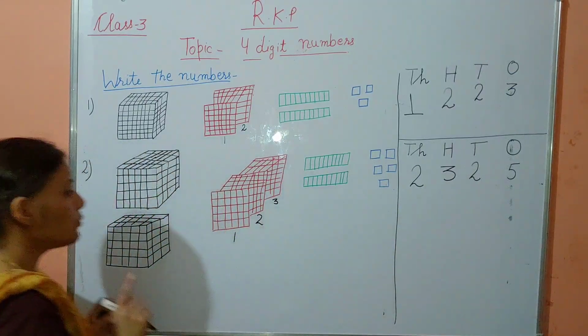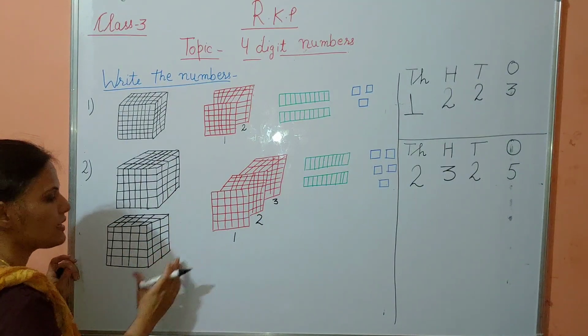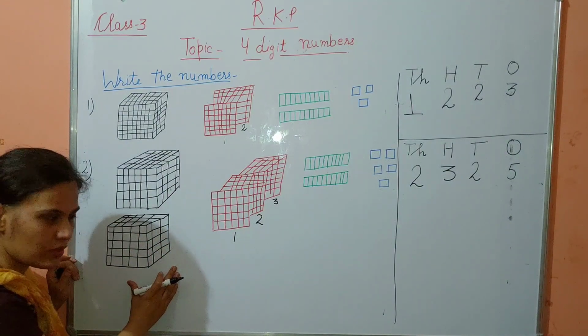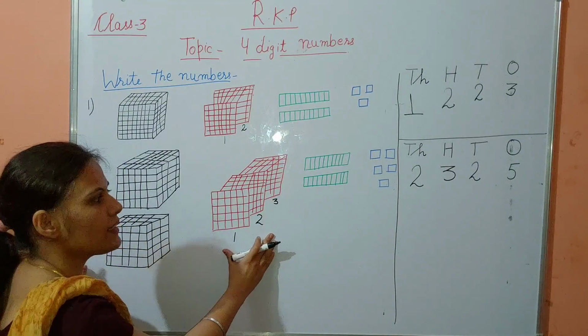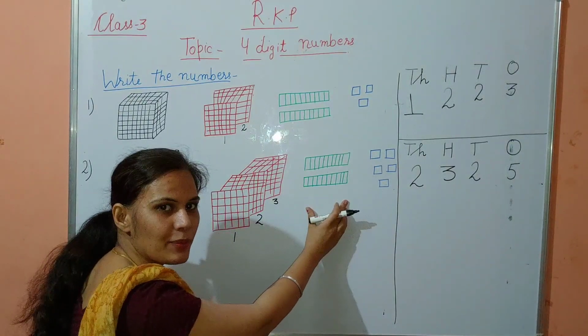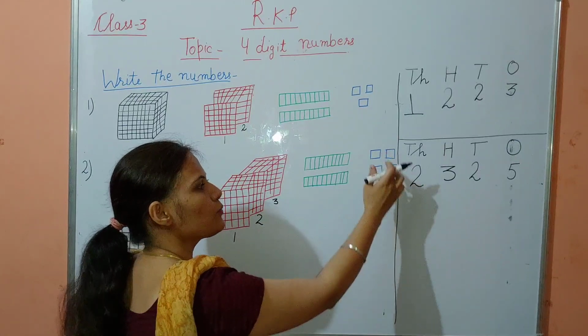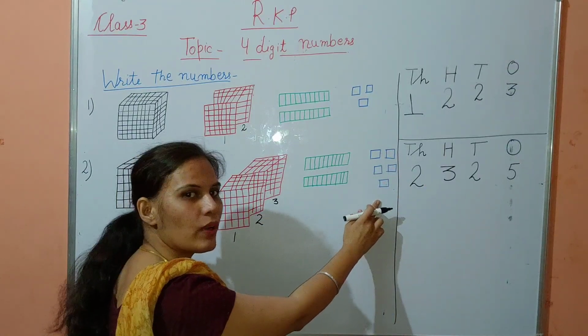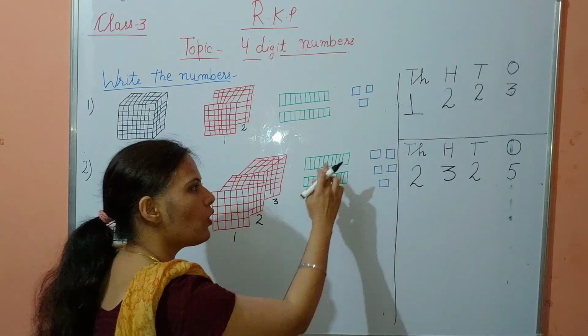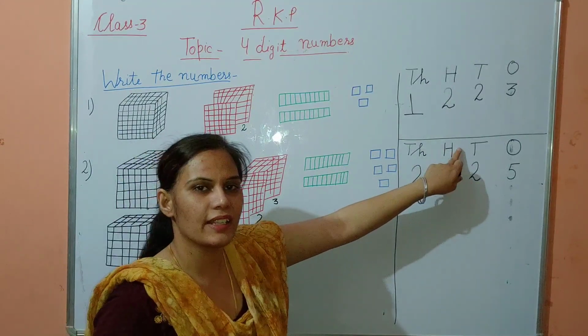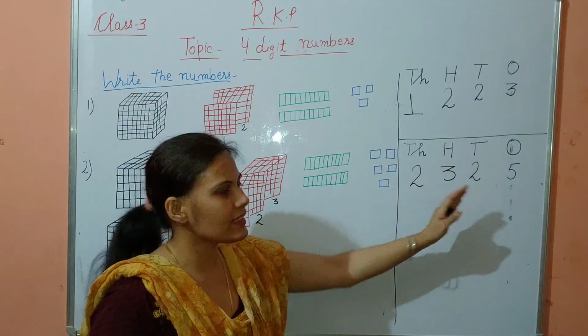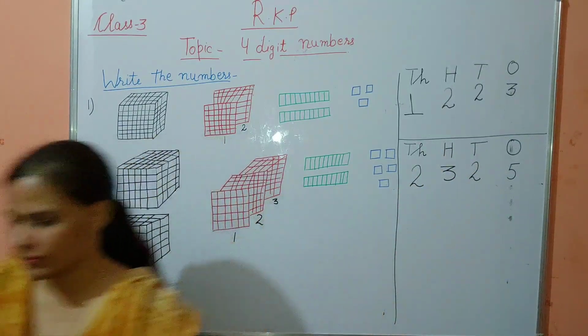You must remember, this box represents 1000, these layers represent the 100 place, these sleeping lines represent the tens place, and these boxes represent the ones place. By counting all this, you can write just below their places and easily read it.